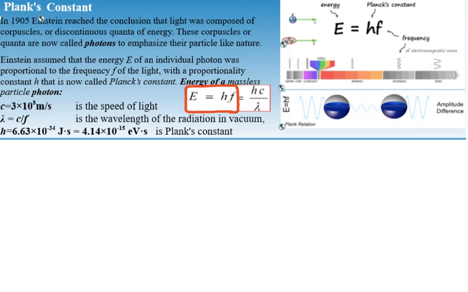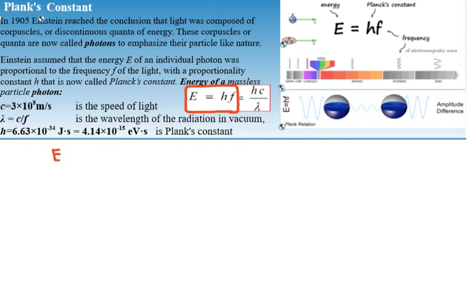So you have h, which is Planck's constant, and that is equal to 6.63 × 10^-34 joule seconds, and then it times the frequency of the photon. The thing here that you have to remember: the energy of the photon.